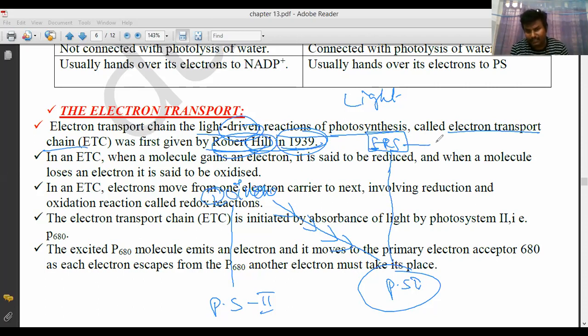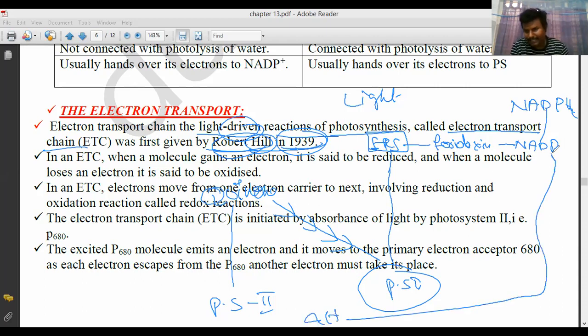From FRS to ferredoxin, from ferredoxin to NADP, which becomes NADPH2 because the protons are absorbed by the NADP ion with the help of the NADP reductase enzyme.